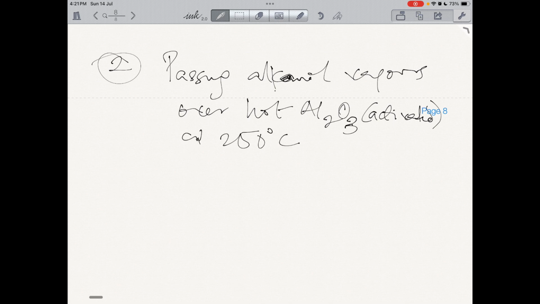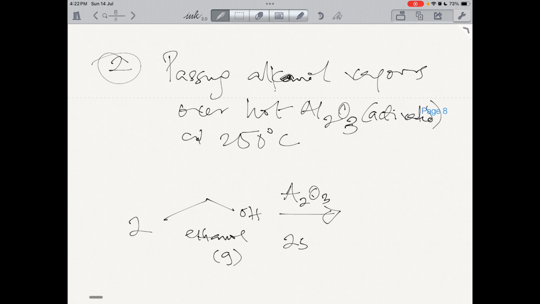So that would mean that you have your ethanol here. That's ethanol gaseous. Gaseous means vapor, right? And you have two of the molecules. You have alumina, that's Al2O3. And at 250 degrees Celsius, then you have your ether.